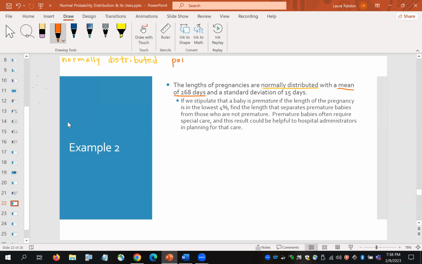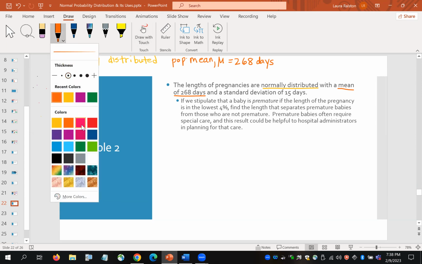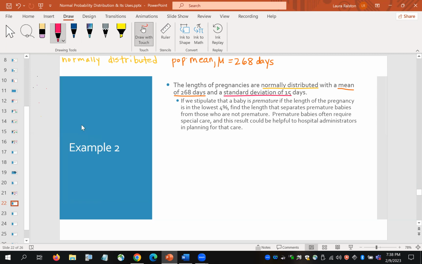So the population mean for pregnancies is 268 days, with a standard deviation of 15 days. So my population standard deviation, which is sigma, is 15.